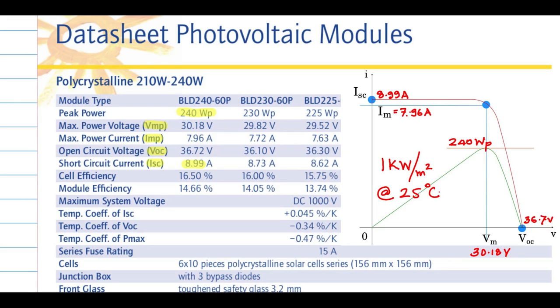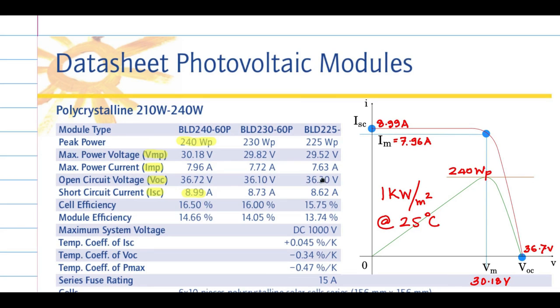Now this is standard insolation, we call it a standard insolation, and 25 degree centigrade as the standard temperature. So if it is not specified, all these values are given for this standard incident solar power per meter square and at a temperature of 25 degree centigrade ambient temperature.